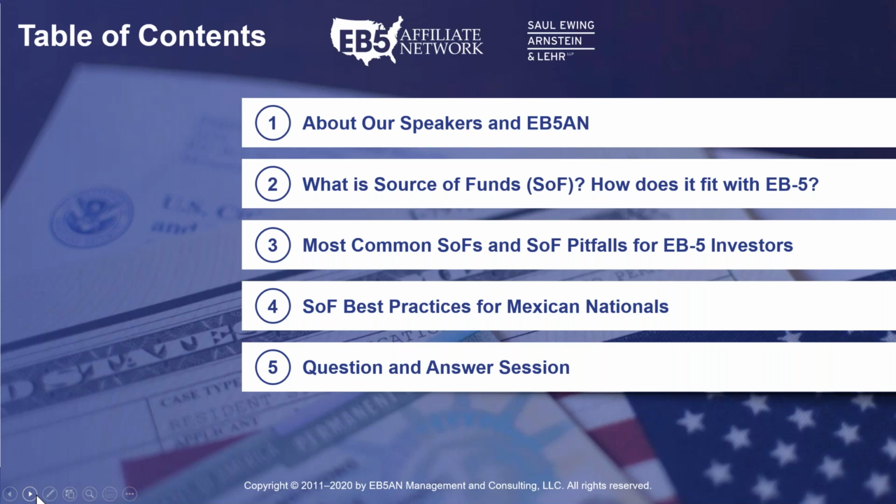And we'll talk about some of the pitfalls and issues that EB5 investors face when documenting their sources of capital for their investment. Then we'll talk specifically about best practices for Mexican nationals and what types of documents are really country specific that investors with assets in Mexico are going to want to take note of.